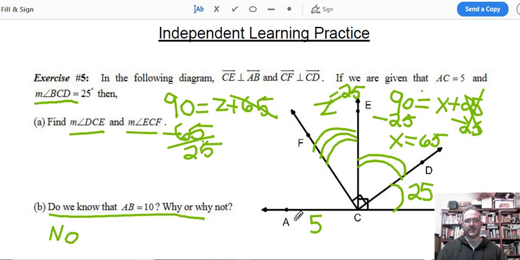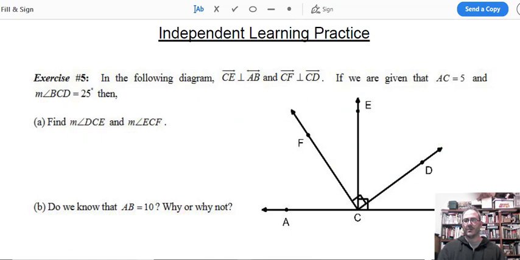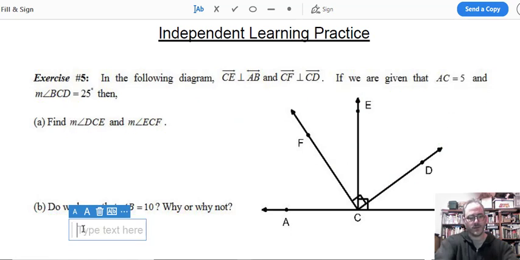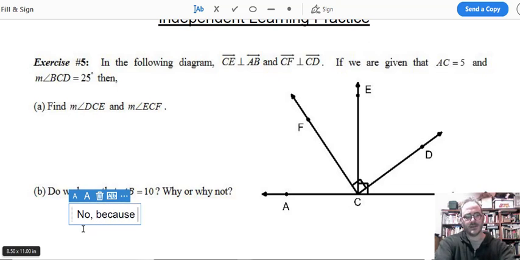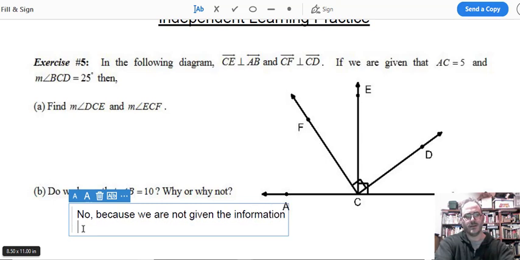And the reason why is because we're not given the information that C is the midpoint.